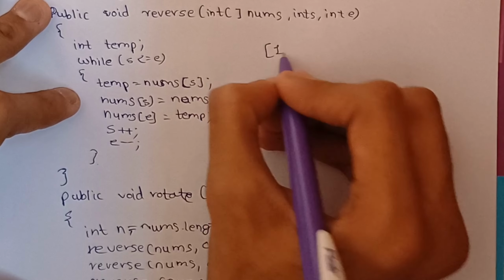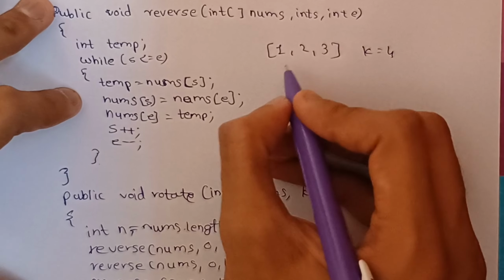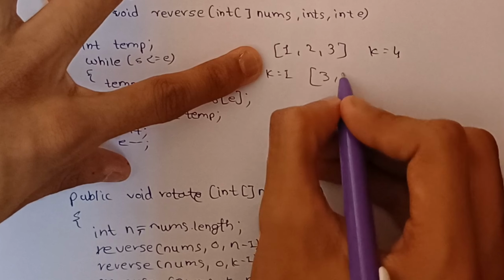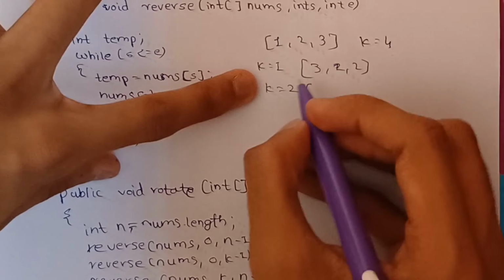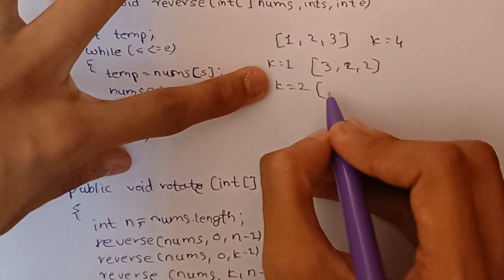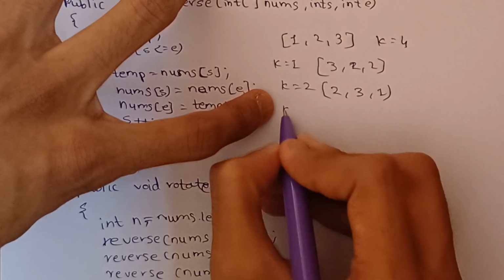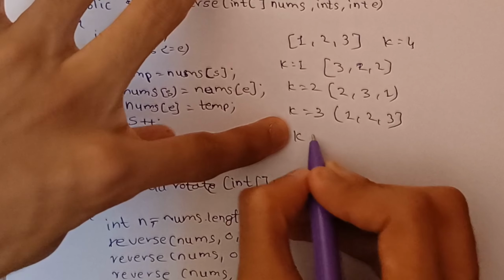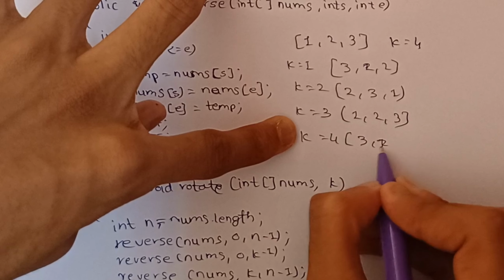But here one more case is there. If they give 1, 2 and 3 and the k value is 4, greater than the length, then if we rotate, k equal to 1 it will become 3 1 2, at k equal to 2 it will become 2 3 1, at k equal to 3 it will become 1 2 3, and at k equal to 4 it will become 3 1 2.